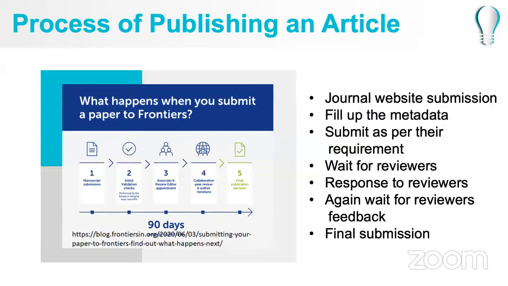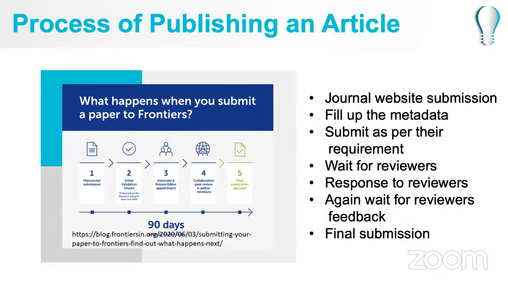Submit as per their requirement, which is really important. If the journal is saying that you have to write the in-text citation and the references as per APA style or Chicago style or IEEE style, you have to write it accordingly. You can't escape this step.